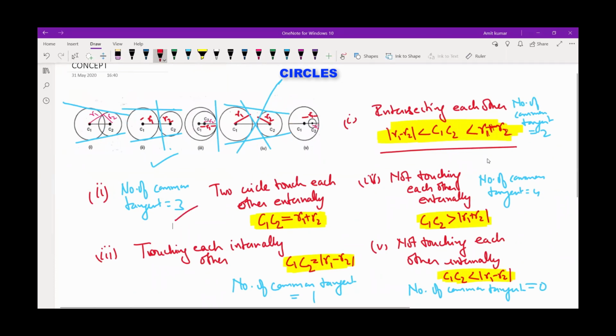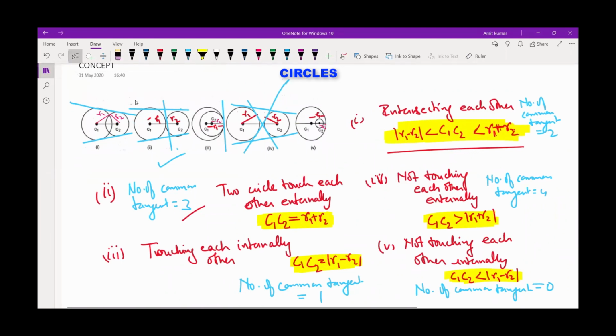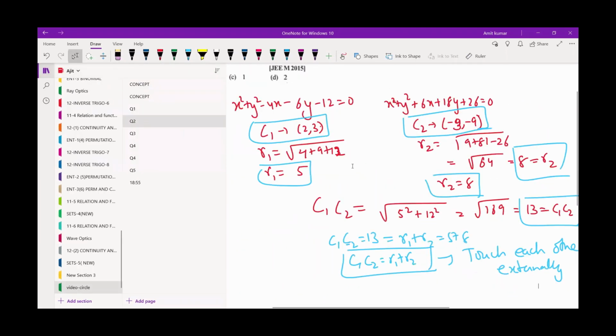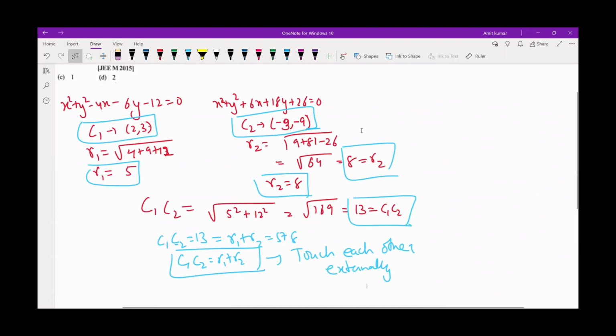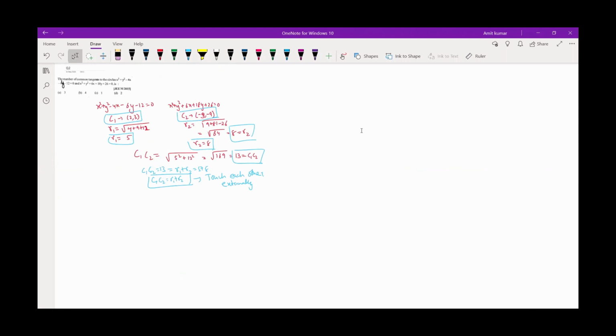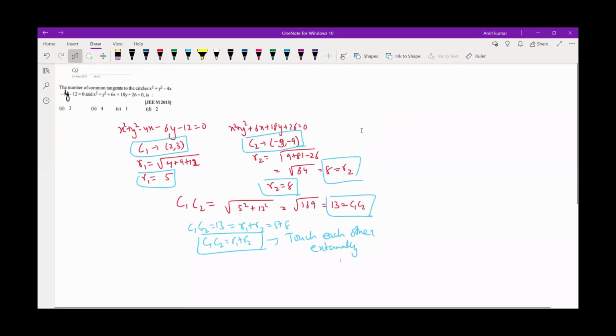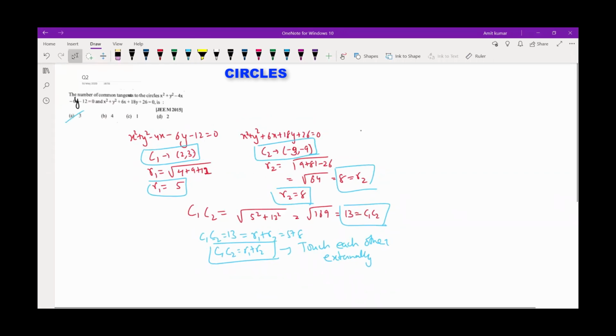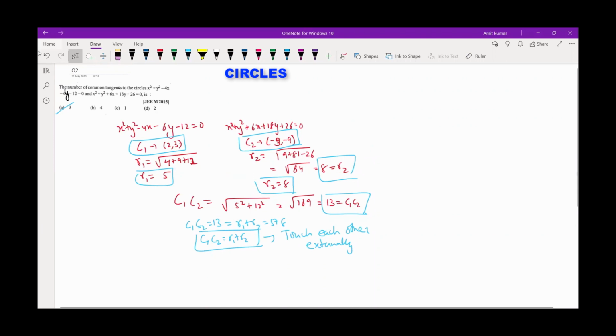So my answer is, the number of common tangents in this particular question is 3. So the correct option is option A. So this is how we find out the number of common tangents.